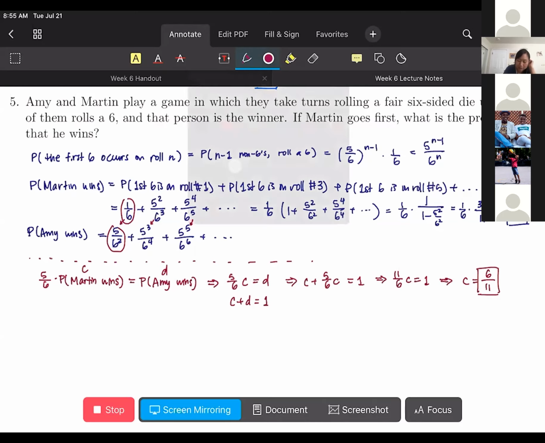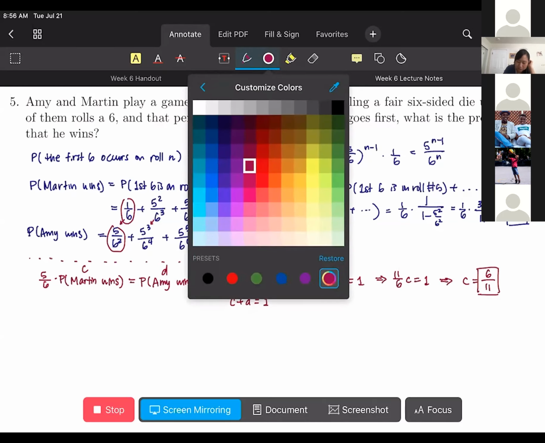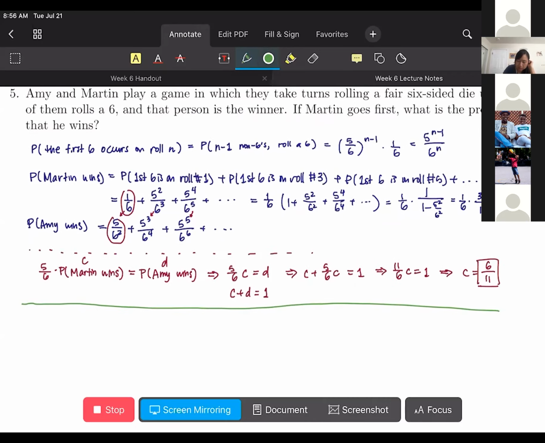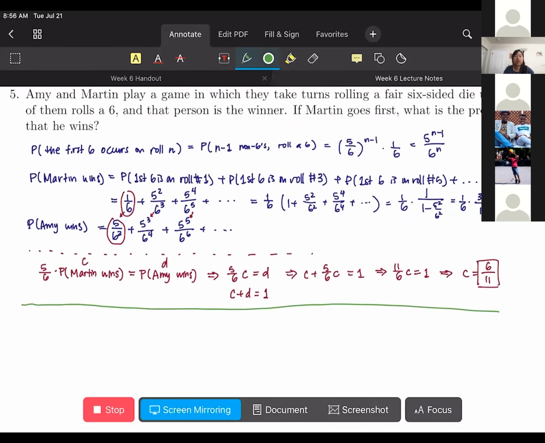And then finally, I want to show the analogy to the last approach we took on the previous problem, which is basically, we could also say that the person who's currently rolling has control of the game.